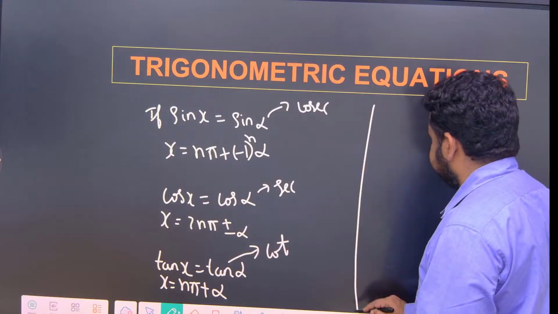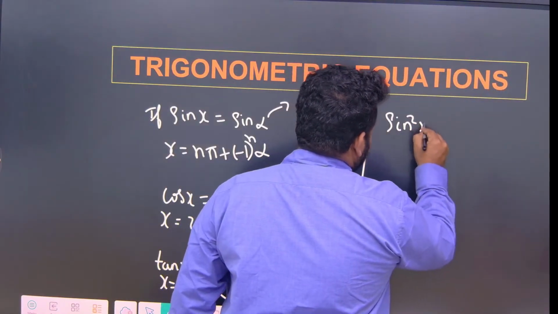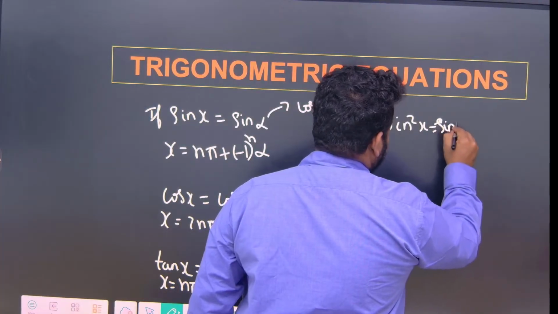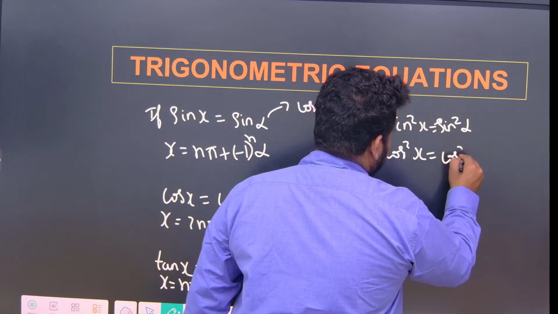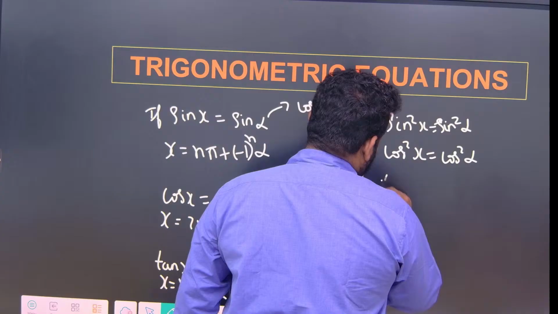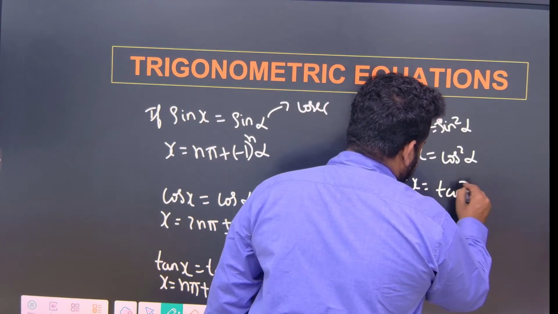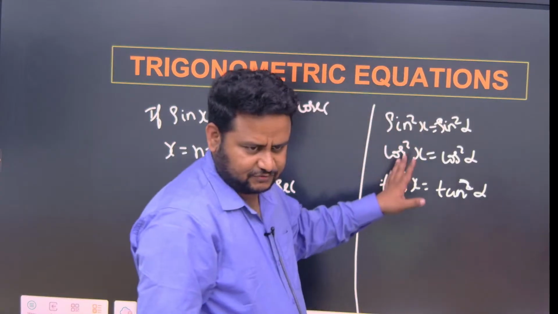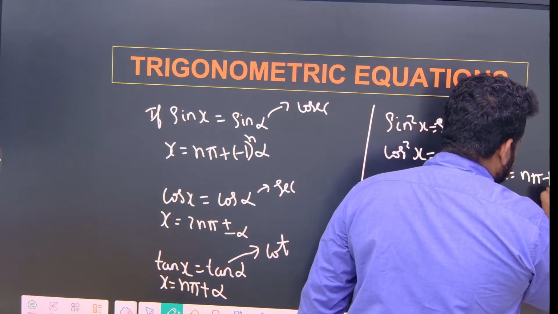Now one more thing, last thing I will tell you. If sin square x is equal to sin square alpha, cos square x is equal to cos square alpha, tan square x is equal to tan square alpha, and even their reciprocals, if it is square, then x is equal to n pi plus or minus alpha.